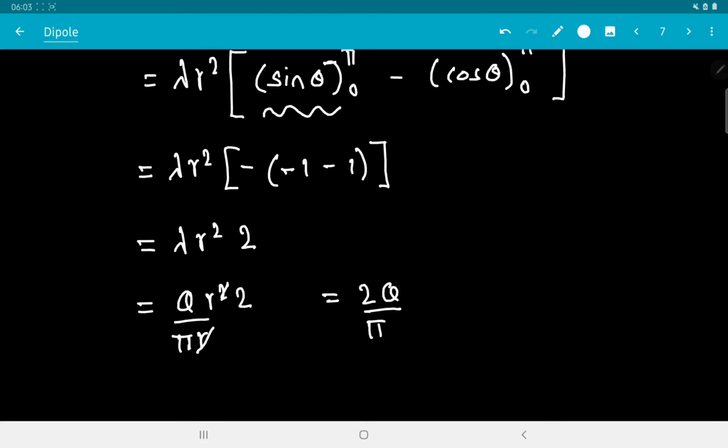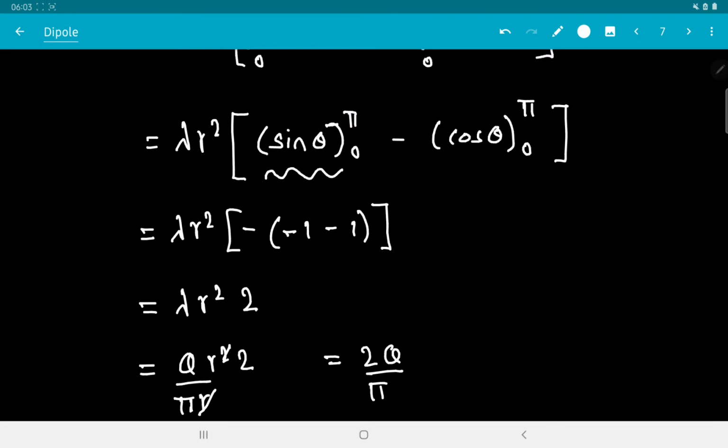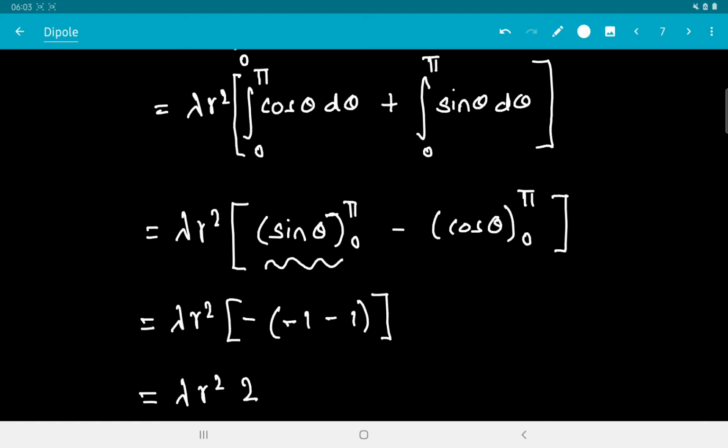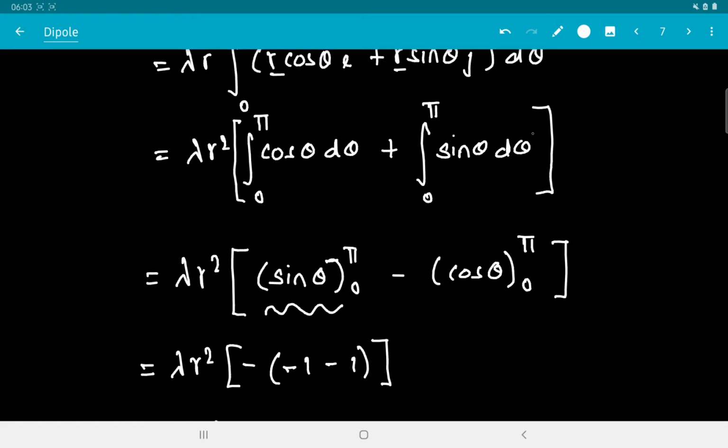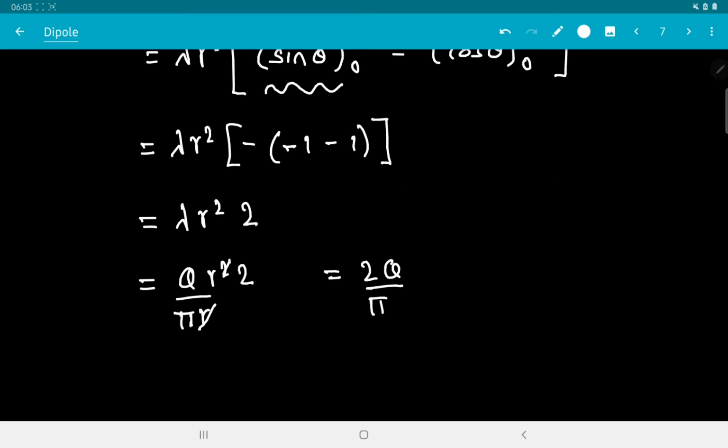I think I have not written the direction. This was in j cap direction and this was in i cap direction. So what is left is in j cap direction.